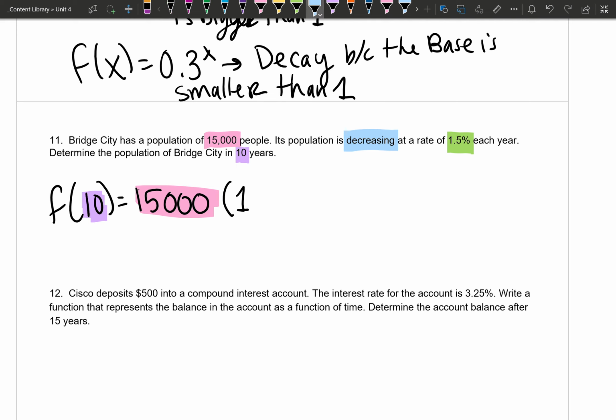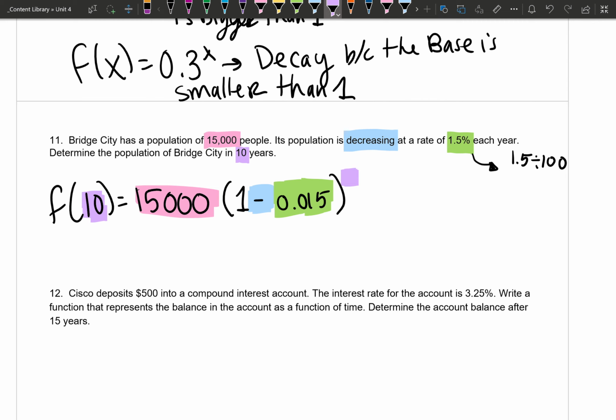Every equation gets a parenthesis and a 1. Now, based on the problem, it's either going to be 1 plus or 1 minus. Because it is decreasing, it will be 1 minus. And then we need 1.5% as a decimal. Now I know you're thinking, 1.5 is a decimal? Alas, it has a percent symbol after that. Whenever that happens, we have to do 1.5 divided by 100.